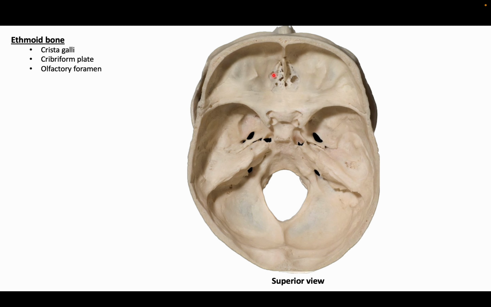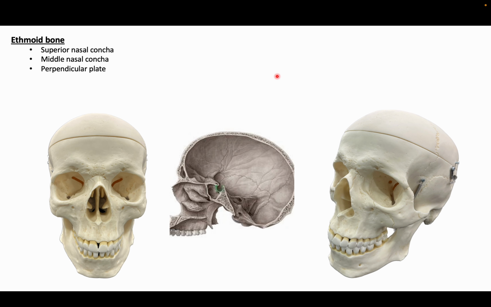This is where the olfactory nerves travel through, so that the nerve can take what we smell and send it to the brain in order for us to process our smell. It goes through these holes right here, these olfactory foramina.